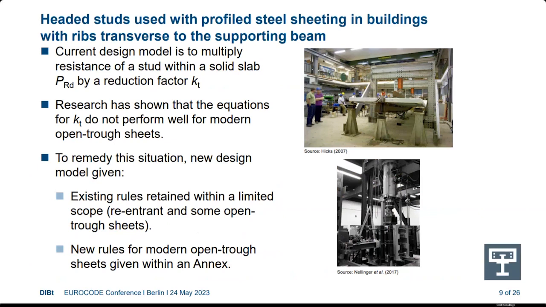That's why you get this slightly strange situation that if you want to work out the resistance of a shear stud in the presence of profile decking in Eurocode 4, you firstly work out the resistance in a solid slab, and then you modify it depending on the geometry of the stud, the decking, and the slab, even though the failure mechanism could be very significantly different.